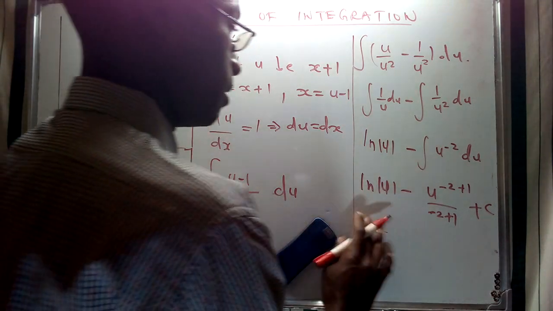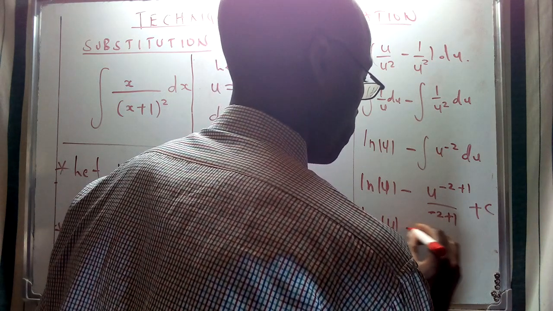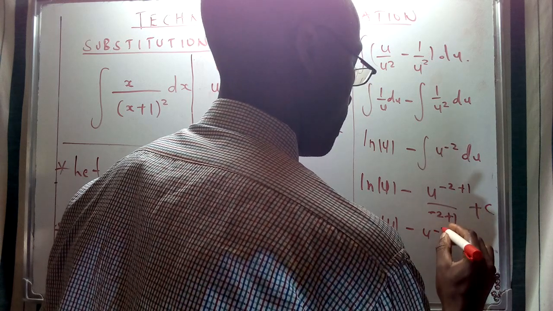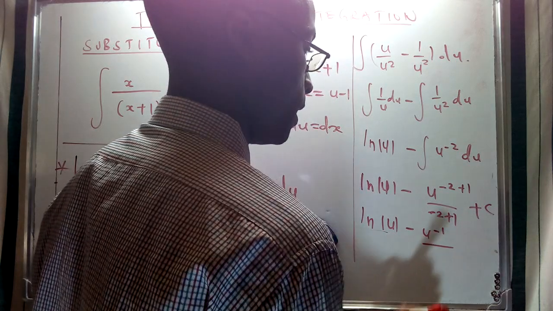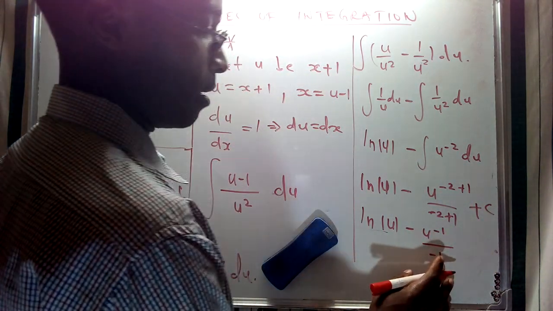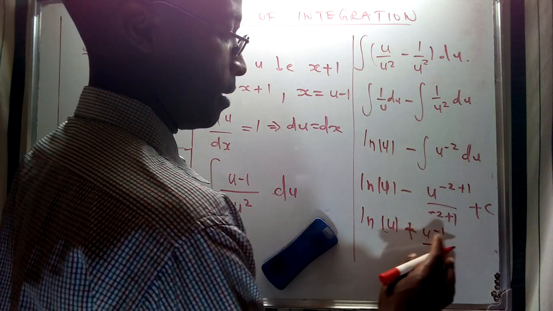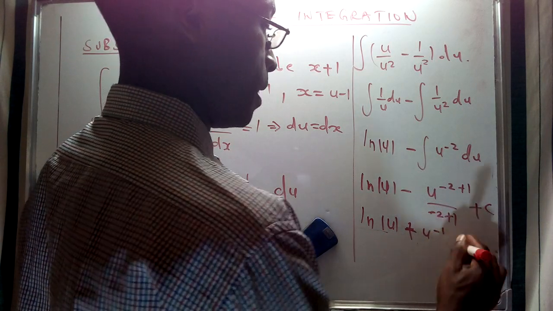So it's going to be the natural log of u minus u to the minus 1 over minus 1. I'm going to take out this minus sign, and this is going to represent a positive in this case, and I'm going to remain with u to the minus 1 plus c.